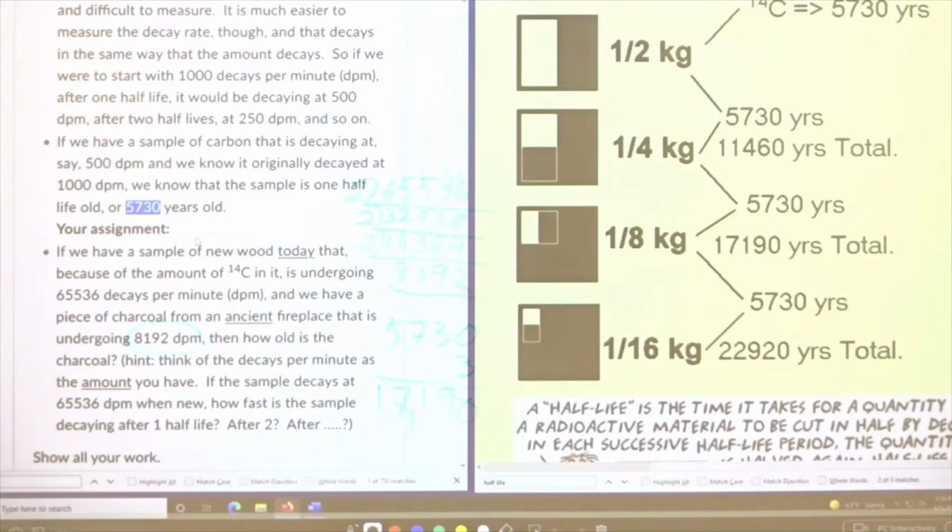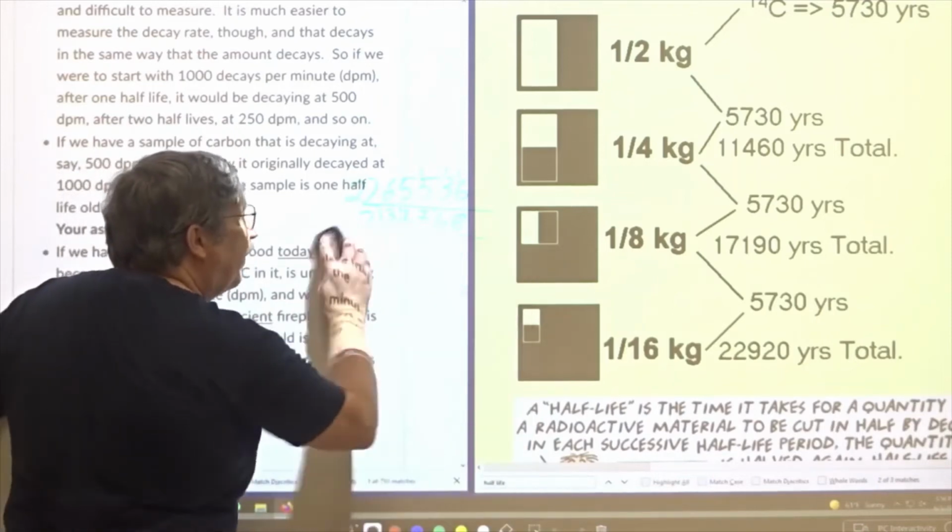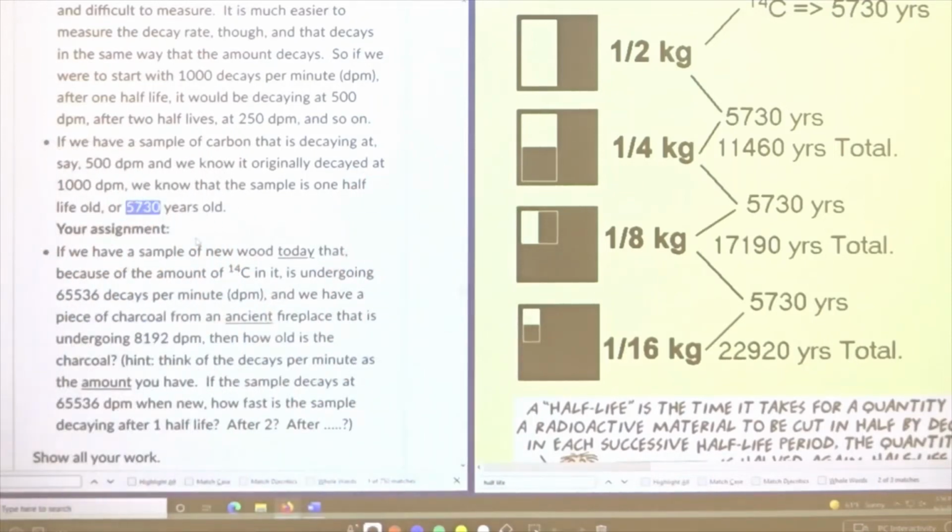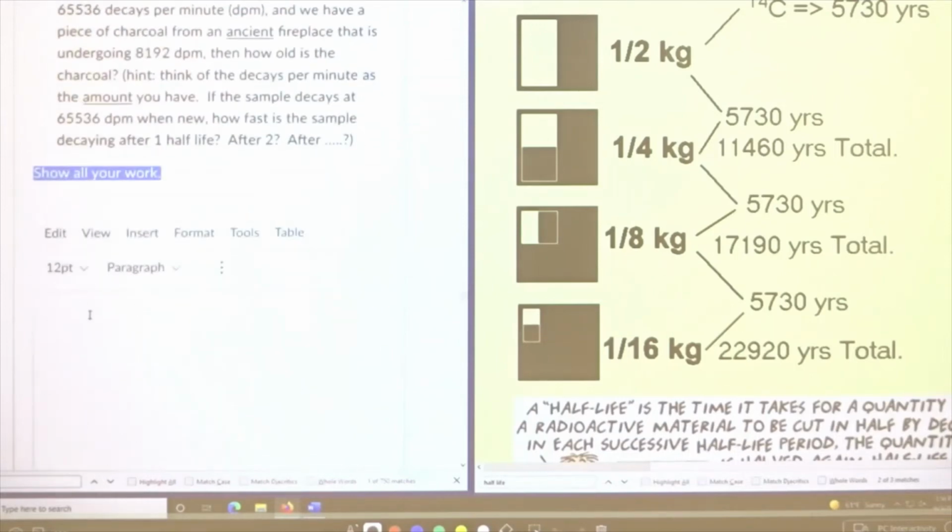Okay? So let's go to the answer. And it says, show all your work. Okay? What would you do?